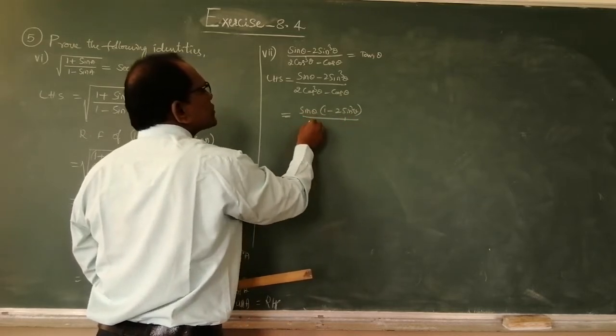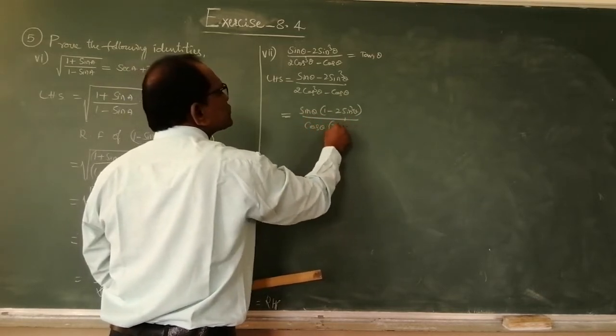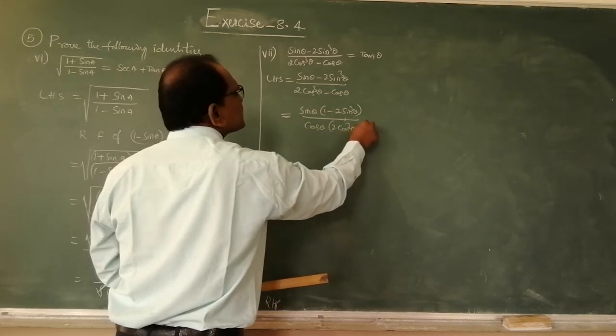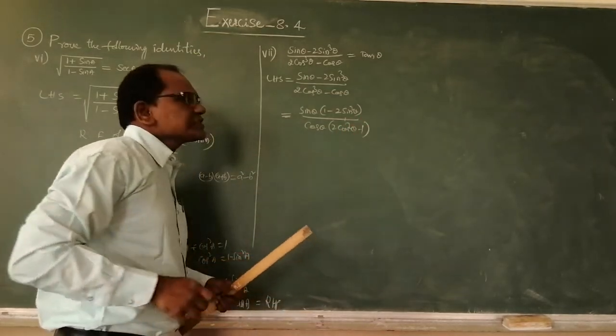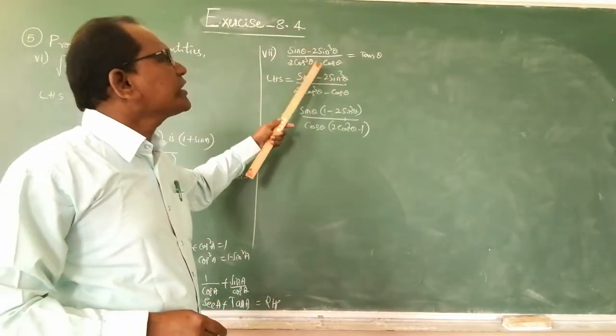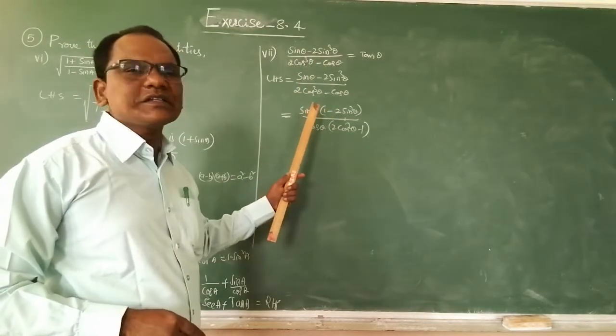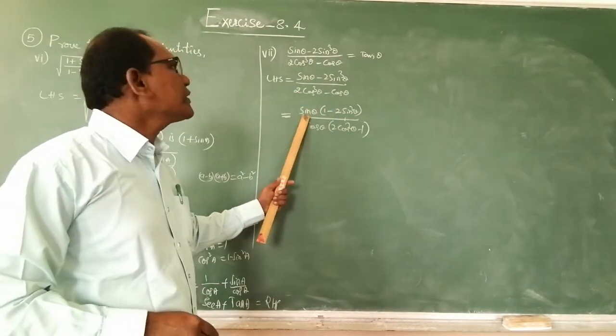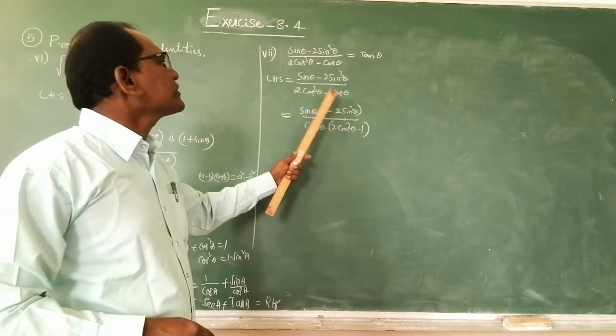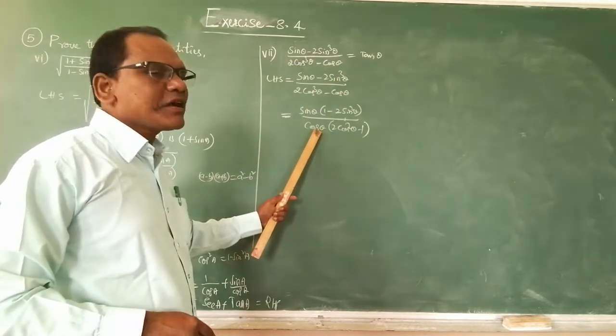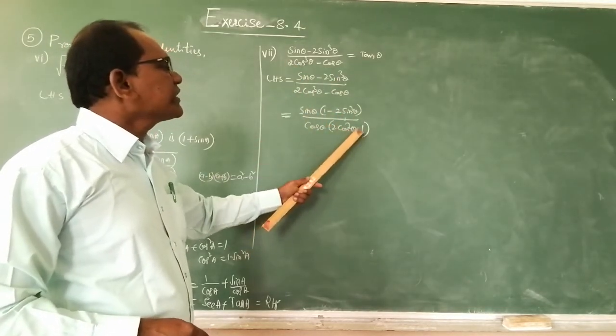Taking cos theta common from the denominator, we get 2 cos square theta minus 1.